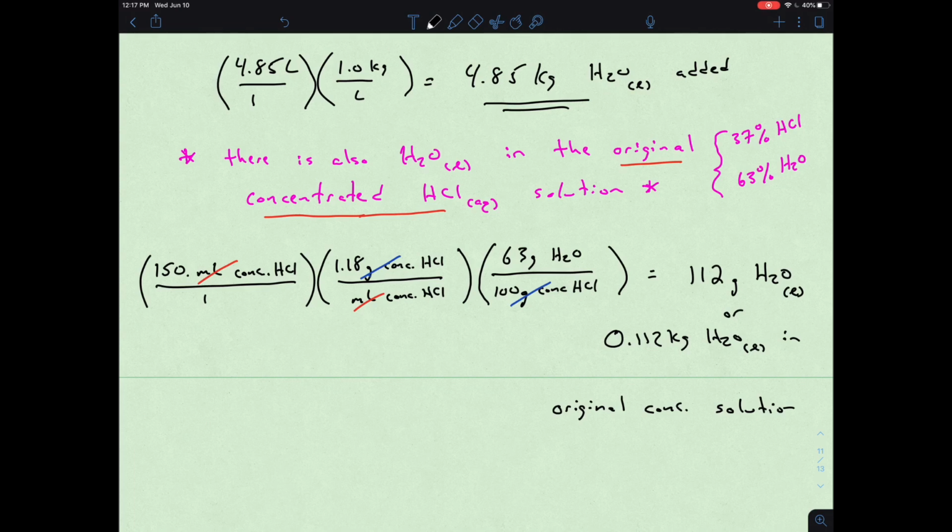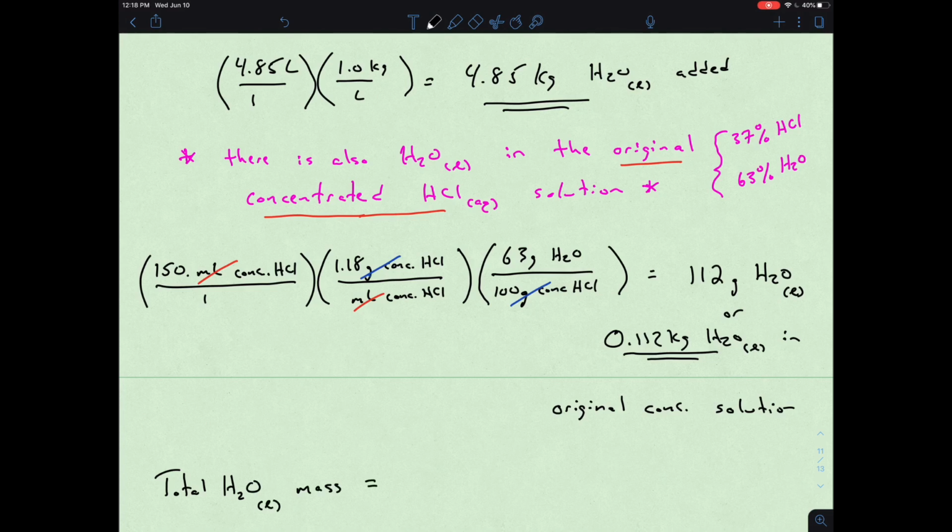So we have two values now, right? One for the dilution, which is the 4.85, and now the original mass of water within the concentrated solution. So our total H2O mass is now the sum of both of those.